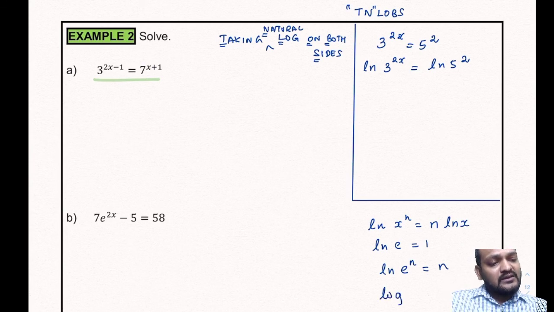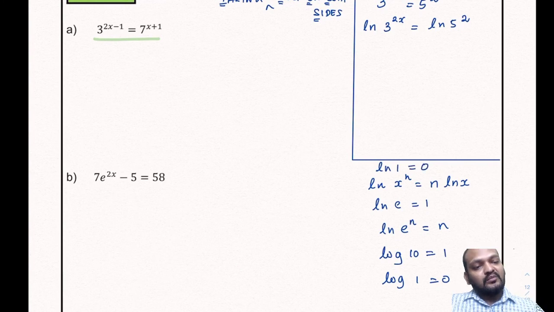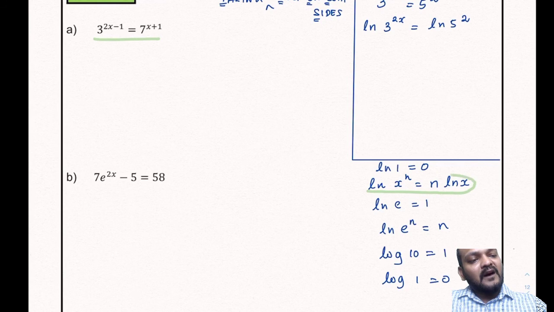And logarithm of 10 is equal to 1, and logarithm of 1 is equal to 0, and ln of 1 is equal to 0. But the most important thing that we're going to use right now is this particular formula right there.